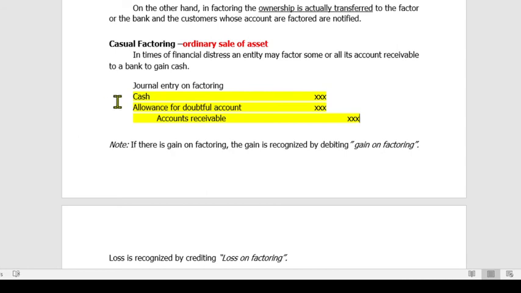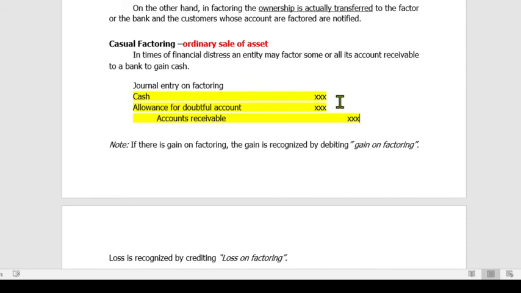For this entry, inassume na walang gain or loss. So kapag walang gain or loss, you just have to credit your accounts receivable kung magkano yung accounts receivable mo na nasa financial statements na ibinenta mo, and then you have to close out your allowance for doubtful accounts by debiting it kung magkano yung allowance for doubtful accounts, and then you have to debit your cash, yung proceeds kung magkano mo siya ibinenta.